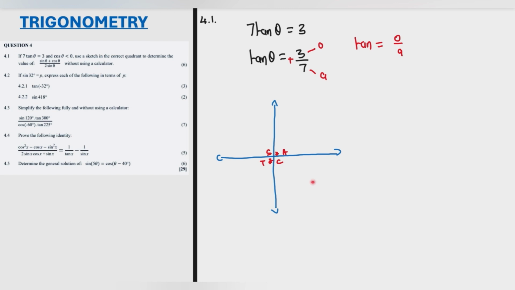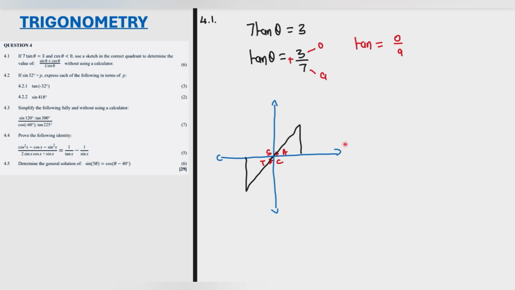All right, so that means that our diagram will either lie on the first quadrant or the third quadrant. But now they gave us a tip. They said cos of theta should be less than 0. So if cos of theta is less than 0, that means that in the first quadrant everything is positive, meaning that your cos is positive, your sine is positive, and your tan is positive, right?